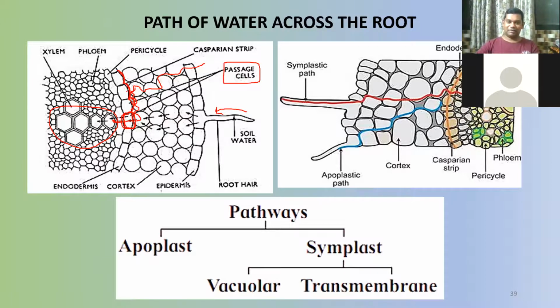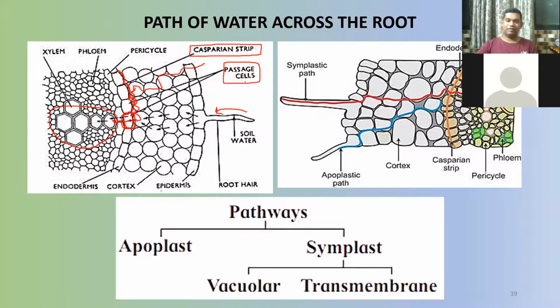So the deposition on the endodermis, which prevents the entry of water into the phloem, is called the Casparian strip.